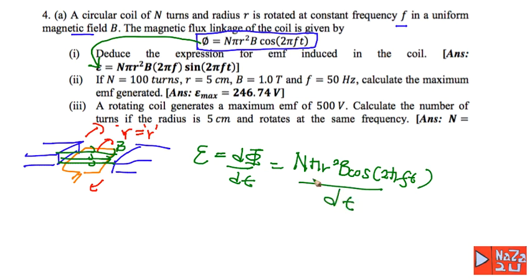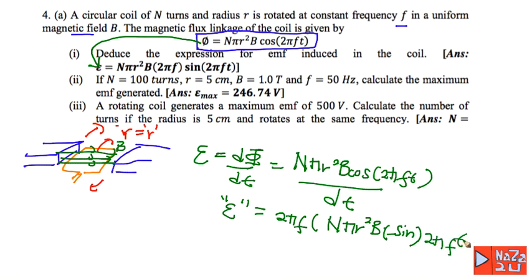So now the induced EMF is the differentiation with respect to time t. The induced E is equal to, for the differentiation at time t, you have a 2 pi f, this is mathematics, and n pi r square B. Differentiation of cos is minus sin, sin 2 pi ft.